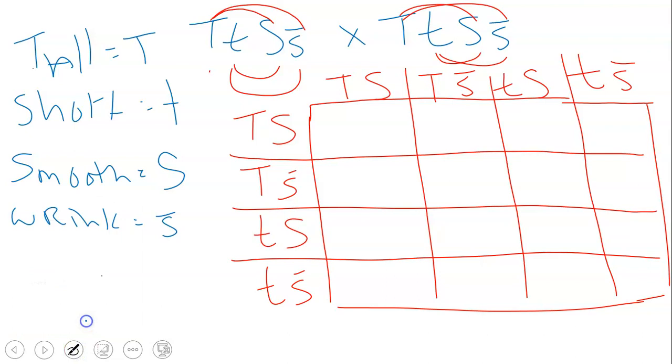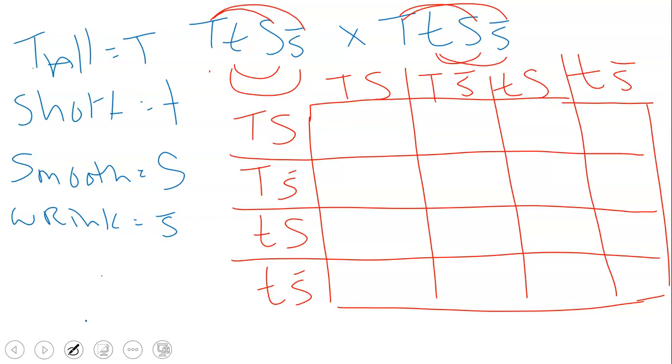Let me grab a different color to show my offspring on the inside here. So again, I'm going to do just what I did with my simple monohybrid. I'm going to show the results of gametes coming together in that box, and that's going to give me a potential offspring.